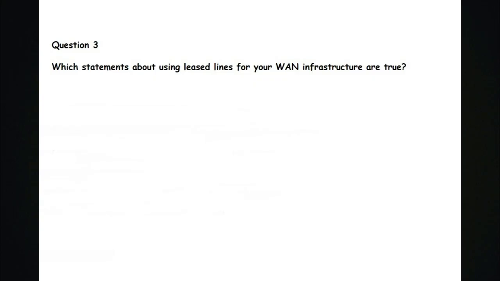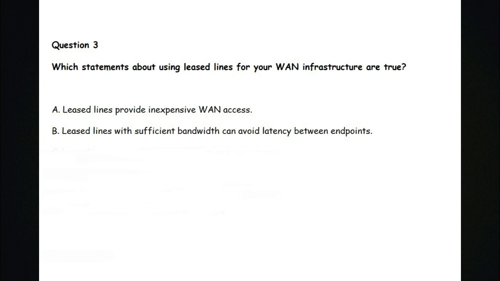Question 3. Which statements about using leased lines for your WAN infrastructure are true? A. Leased lines provide inexpensive WAN access. B. Leased lines with sufficient bandwidth can avoid latency between endpoints. C. Leased lines require little installation and maintenance expertise.